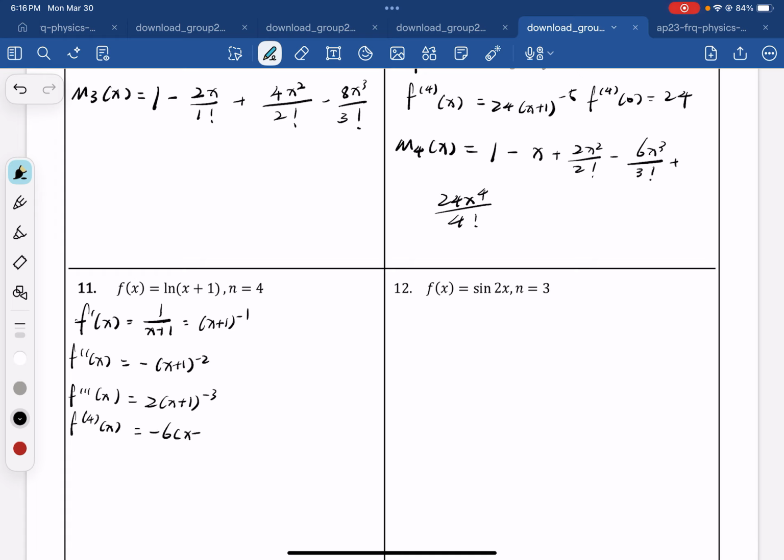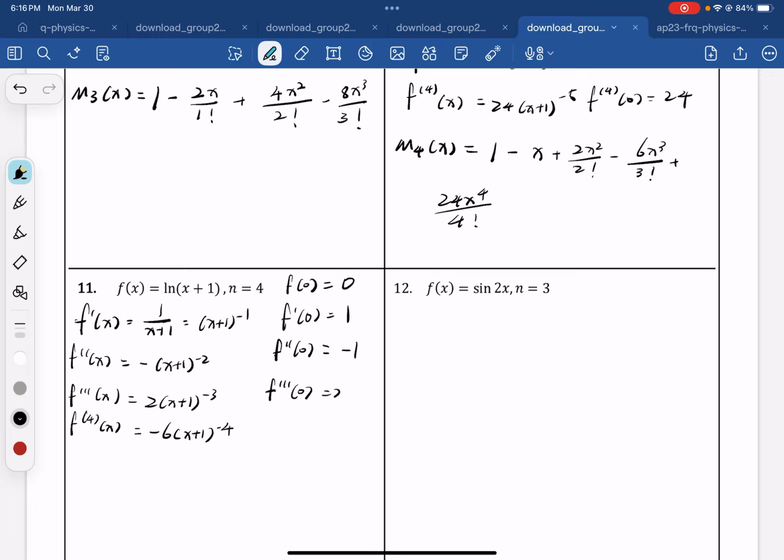f prime of 0 equals 1. f double prime of 0 equals negative 1. f third prime of 0 equals 2. f fourth prime of 0 equals negative 6.